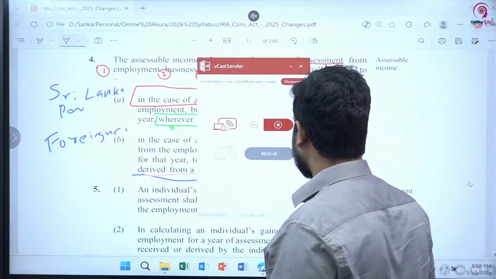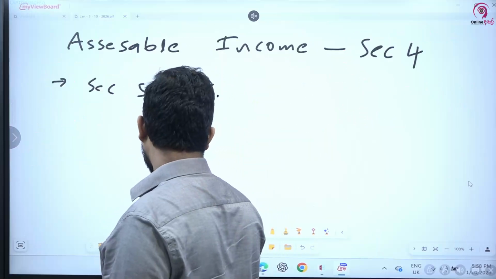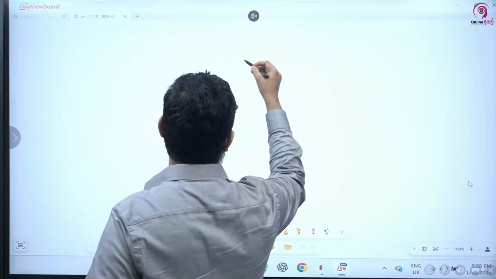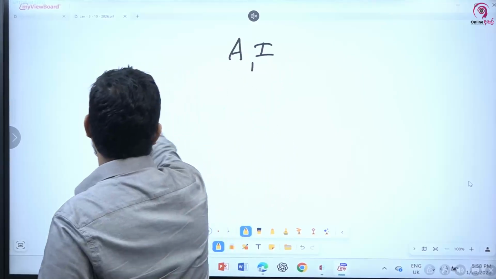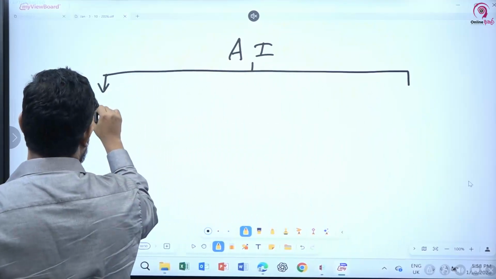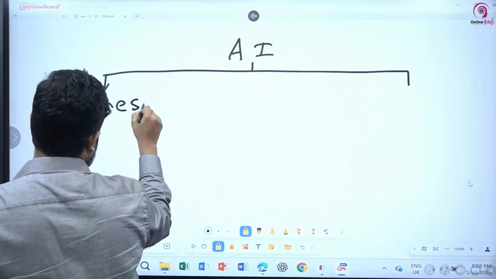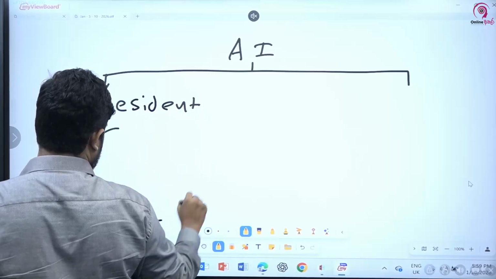I'll explain it in this way also. Assessable income, resident: you need to take world income.